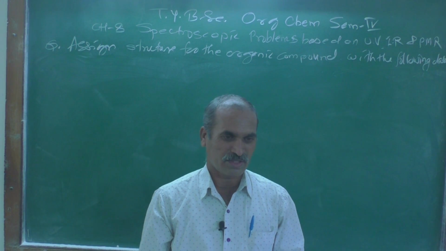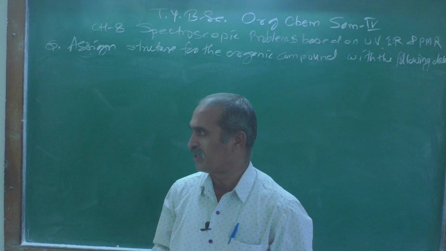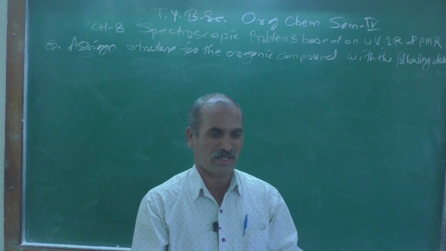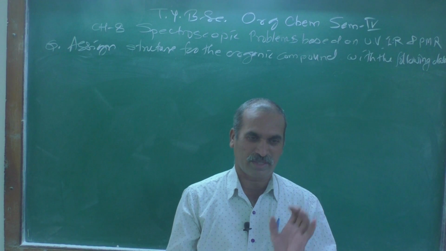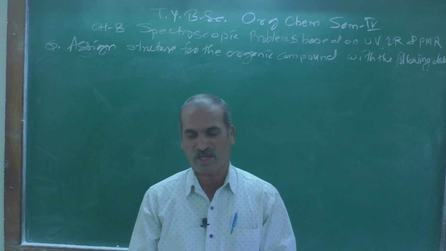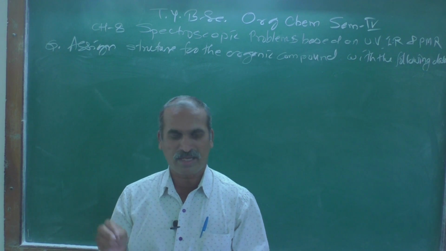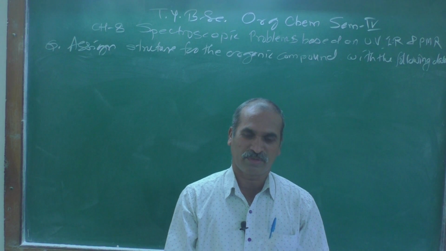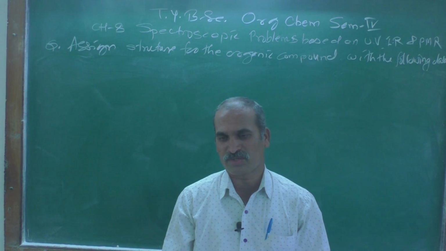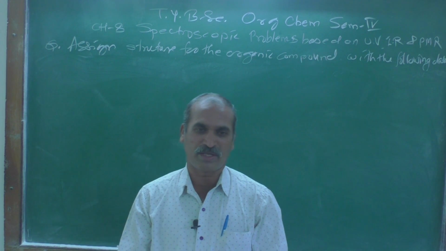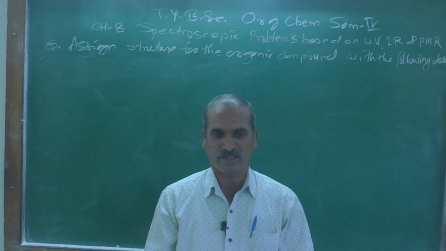Let's say, UV spectroscopy provides us information regarding carbon-carbon double bonds, whether the double bond in the organic compound is present in isolated form or conjugated form.